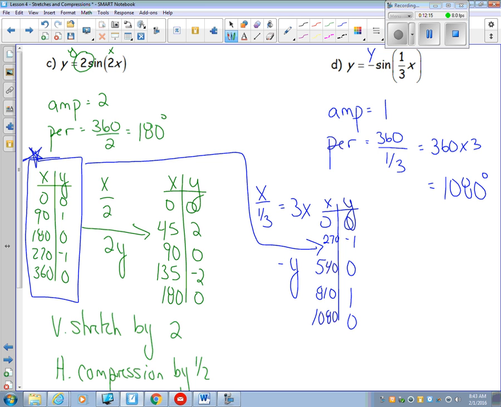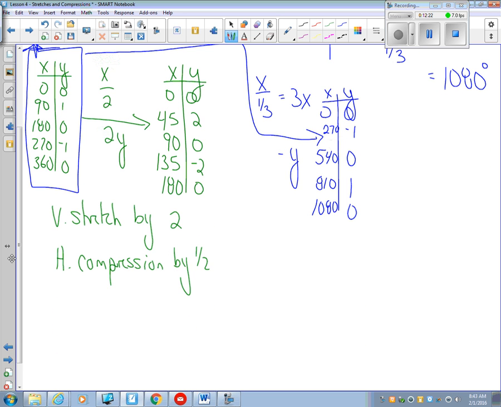So this graph would go down first, then back up, instead of vice versa. It usually does. In words, what would we say is happening here? We'd say there's a reflection vertically, and we'd say there's a horizontal stretch by 3. Okay, that takes us through the first 2 pages.